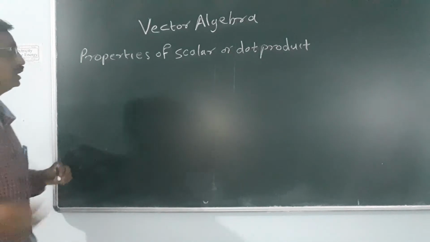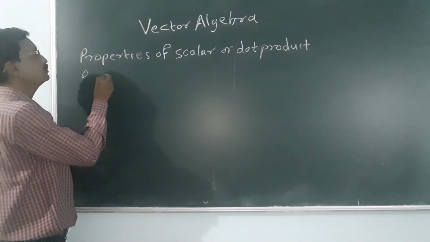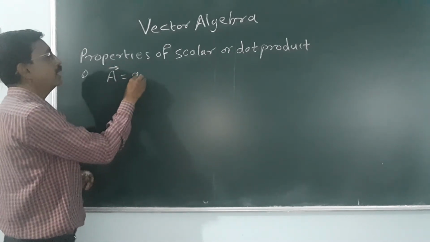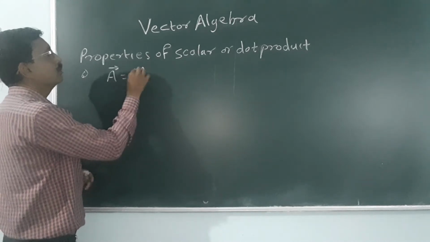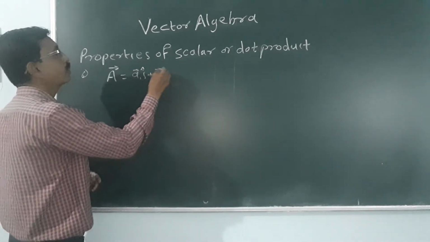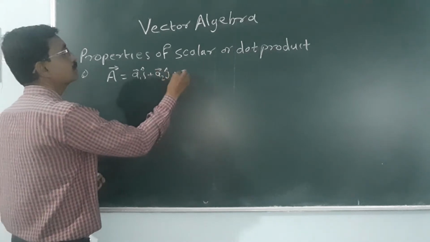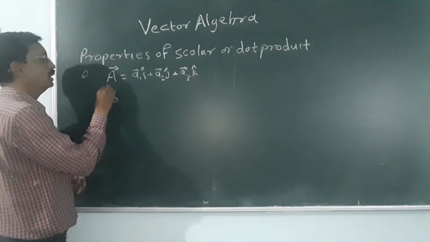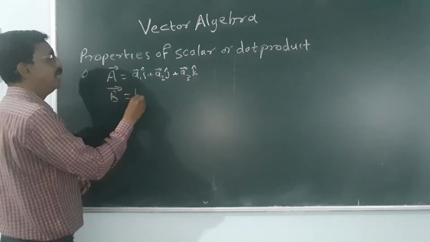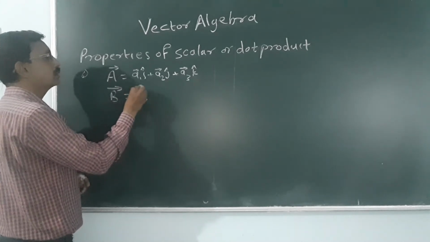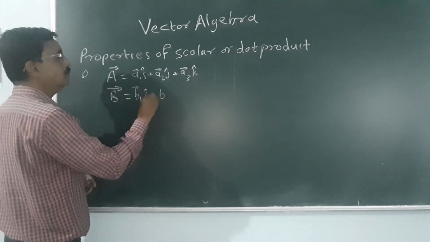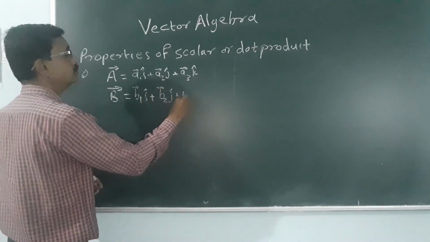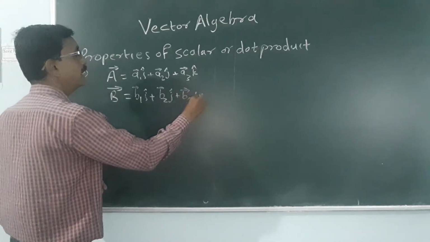For the sixth property, consider the vector A. It is denoted by the components a1 i plus a2 j plus a3 k. Similarly, another vector B is denoted by b1 i plus b2 j plus b3 k.